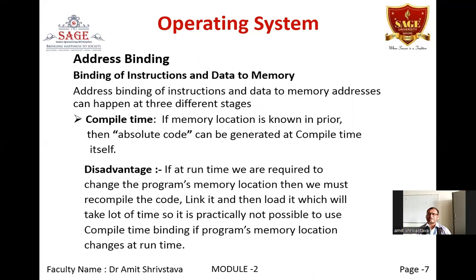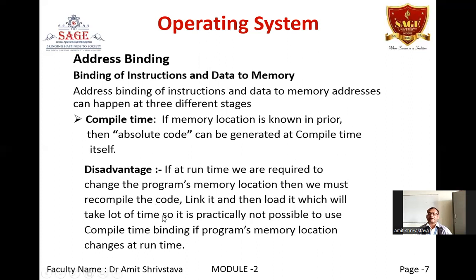This mapping can be done at 3 different times. At compile time, if the memory location is already known in prior, then absolute code can be generated at compile time itself. What is the disadvantage? If we try to shift our program at runtime, maybe due to the compaction technique or any other reason, then the program needs to be recompiled, linked again, and loaded again.